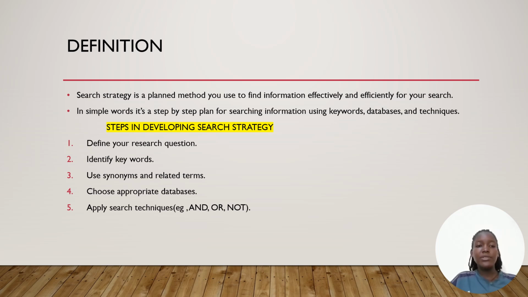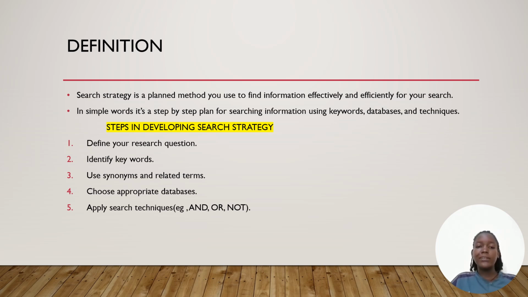Now, what's the definition of research strategy? Research strategy is a planned method you use to find information effectively and efficiently for your search. In simple words, it's a step-by-step plan for searching information using keywords, databases, and techniques.